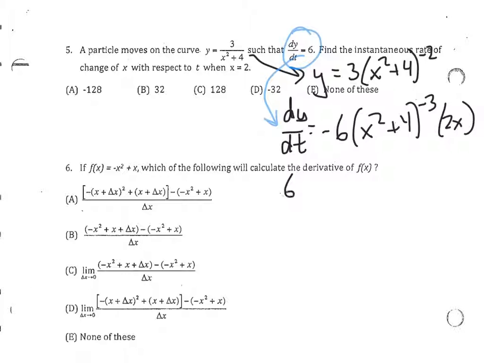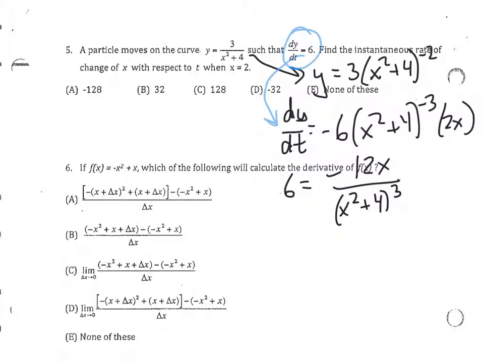So 6 equals, if we can make sense of this, negative 12x up on top, and then x squared plus 4 to the third power on the bottom.